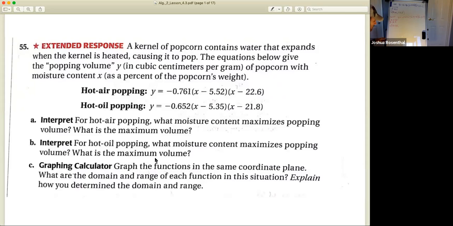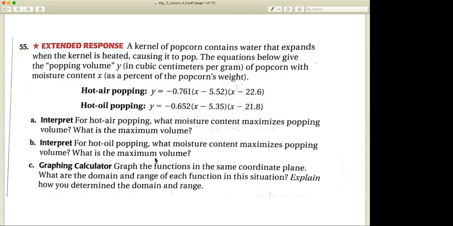Are you on Desmos? Yes. Yeah, so you're saying the gap between the content, 13 and a half and 14, is not a lot. Is that what you're saying? No, I'm saying that the closer you get to the vertices of either function, the more their performance varies. But the further you get from the vertices, the more their performance remains similar.